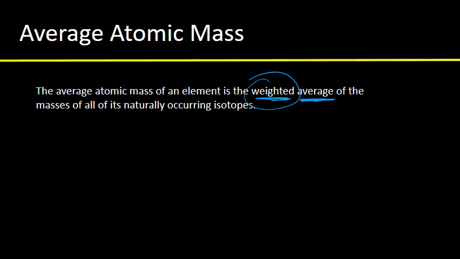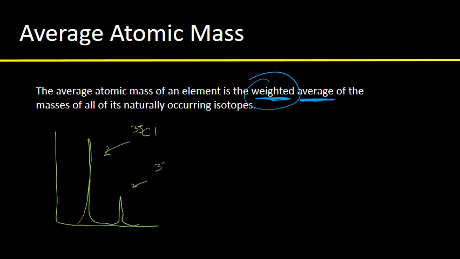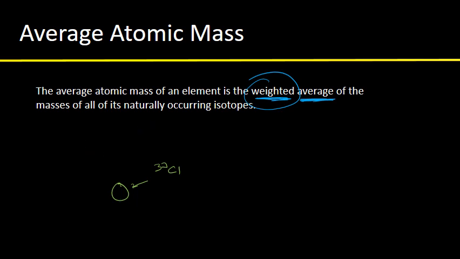But if you remember, the mass spectrum looked like this, and there were a lot of them with a mass of 35 and a much smaller number with a mass of 37, right? So we want to take this ratio into account when we do our averaging, and that's what's meant by a weighted average.